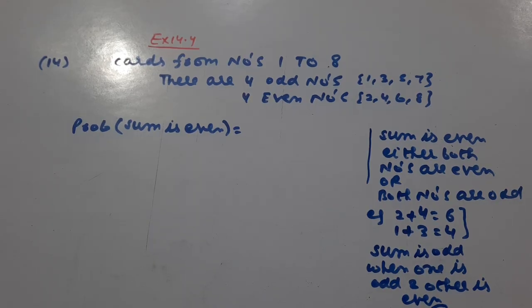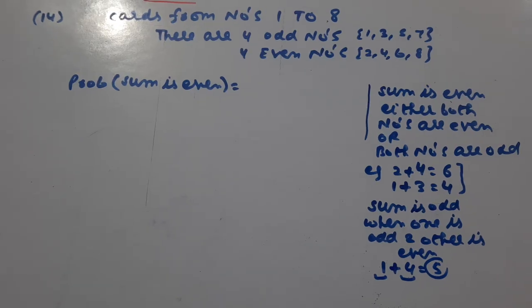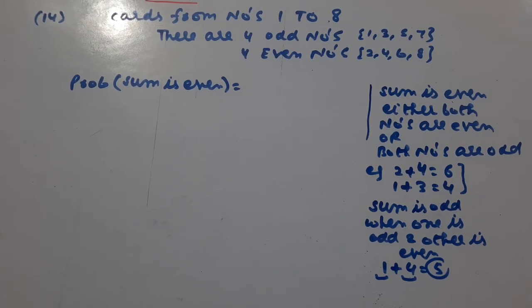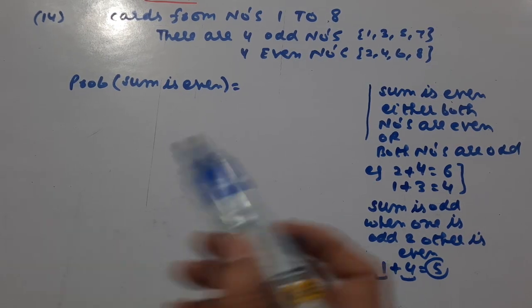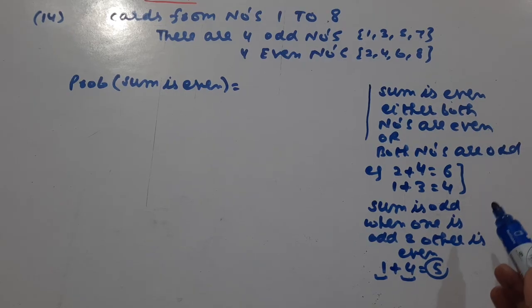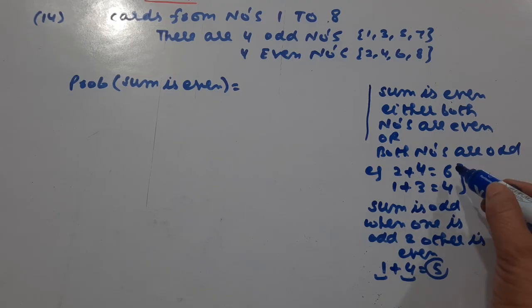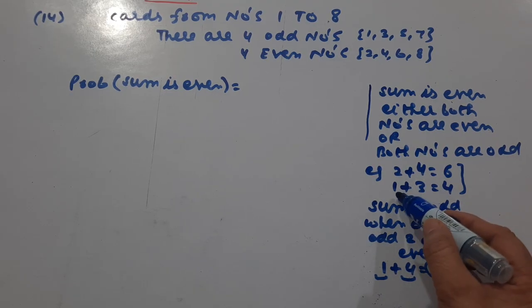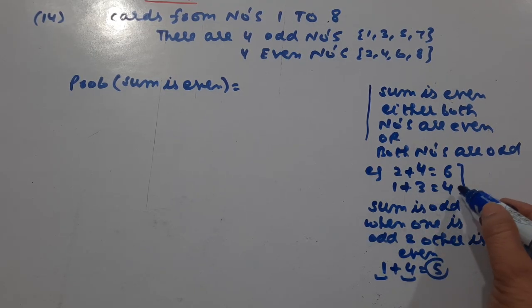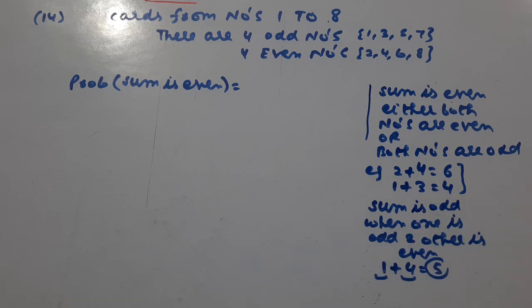Odd आएगा, right? So students, again I repeat, the sum is even either when both numbers are even or both numbers are odd. Example, 2 and 4, both even, so their sum is even. 1 + 3, both odd, their sum is even. And the sum is odd when one number is odd and one is even. Example, 1 + 4, 5.